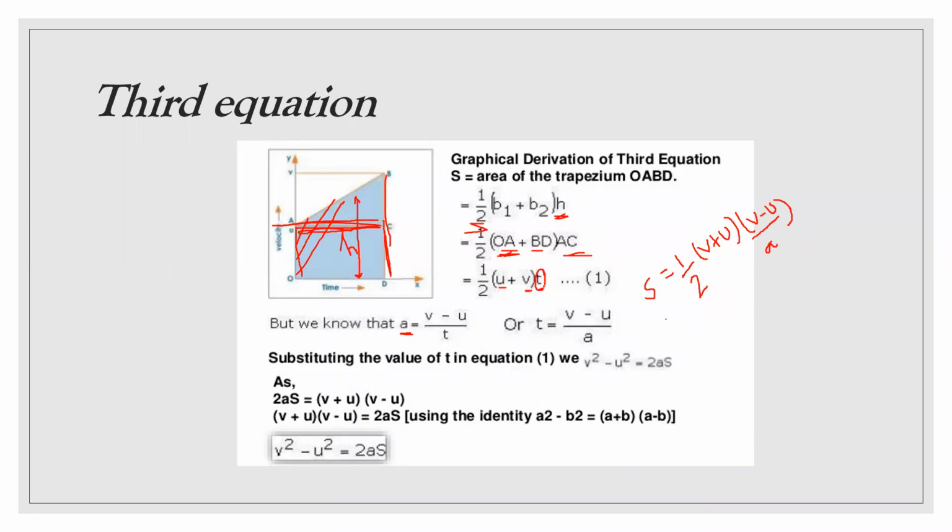This equation becomes this because we have replaced this t by the value v minus u upon a.